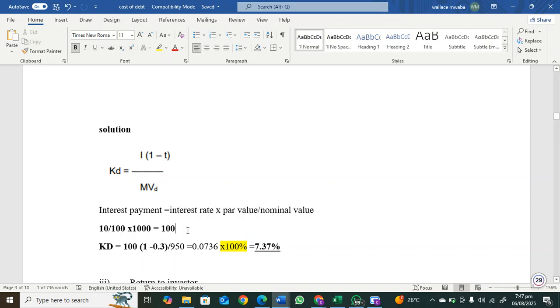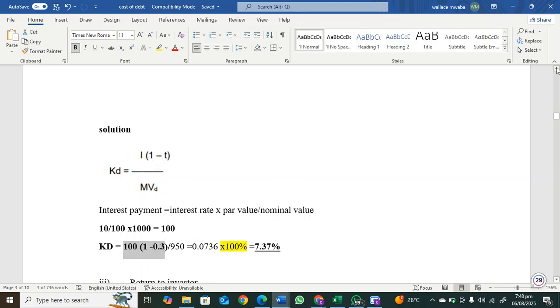We must remember that as this company is paying interest to the debt holder, it's saving on tax. That's why we're doing this 1 minus T. Once you get the interest payment, you multiply it by 1 minus T, where T is the tax rate.